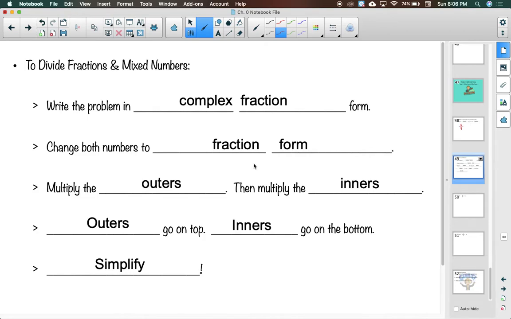If one of them is a whole number, we're going to put the hidden one underneath to make them all explicitly fractions. Then we're going to multiply our outers and our inners, and then outers go on top, inners on the bottom, and simplify. So I would copy this down, make sure you understand my little bit of lingo here, but I am going to show you an example, which is going to make a lot more sense, and I'm going to use the terms like outers and inners so you see exactly what I'm talking about.